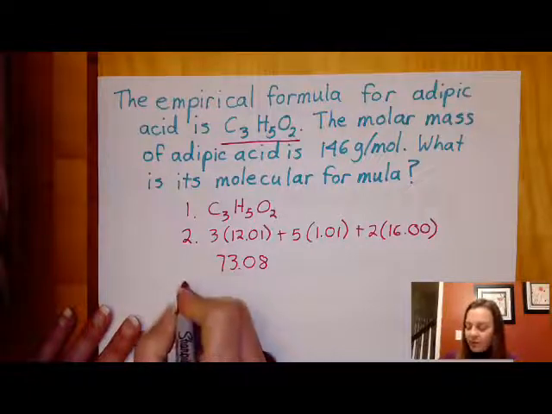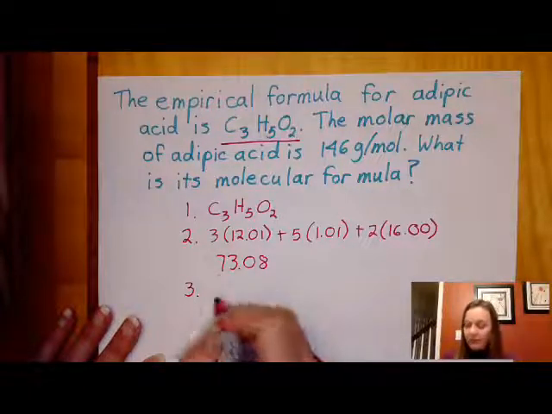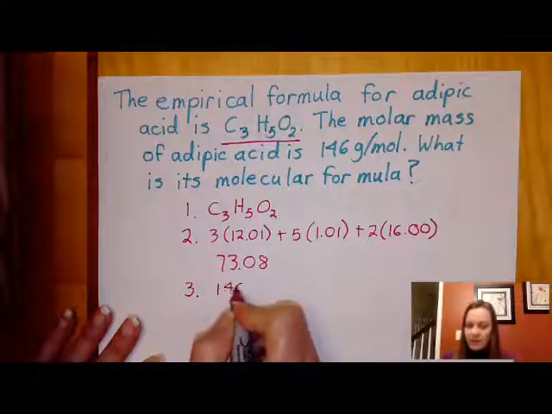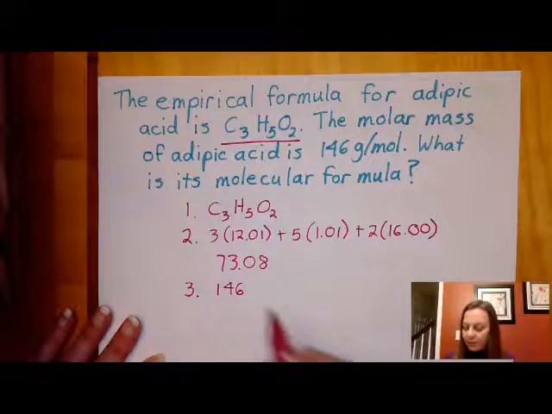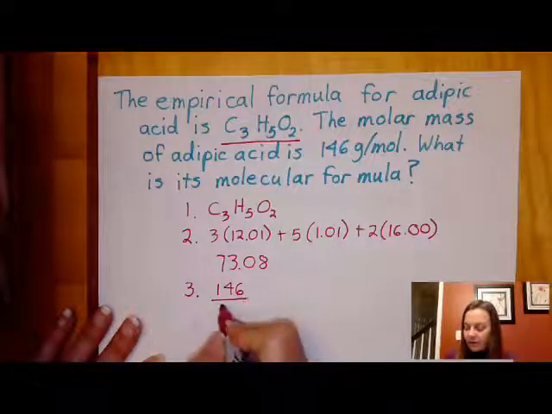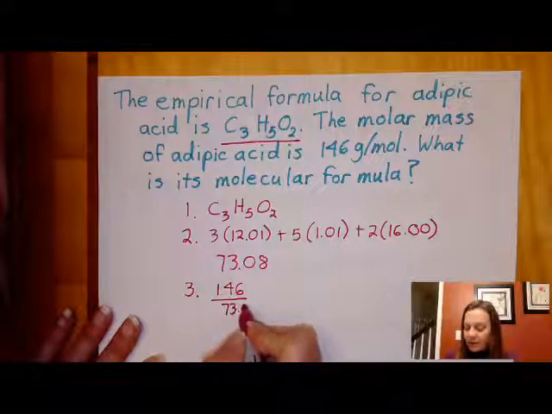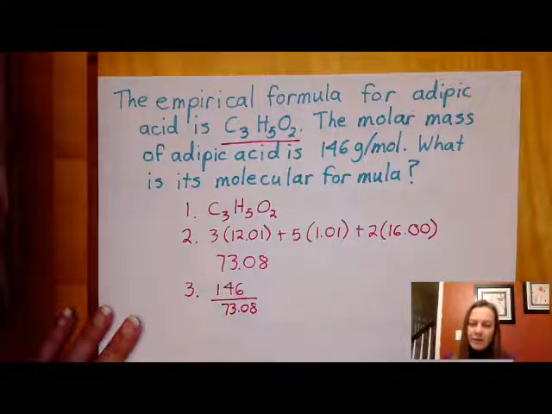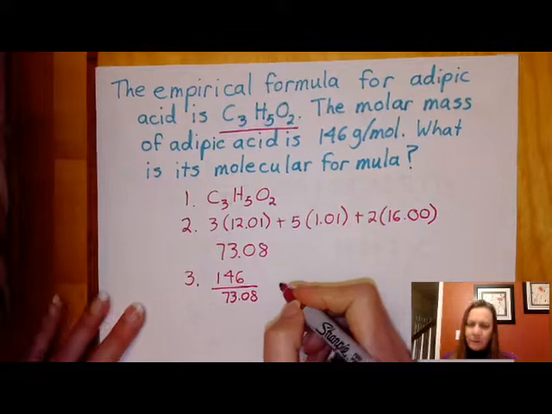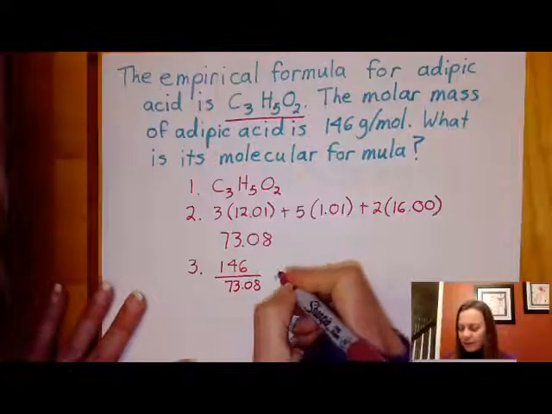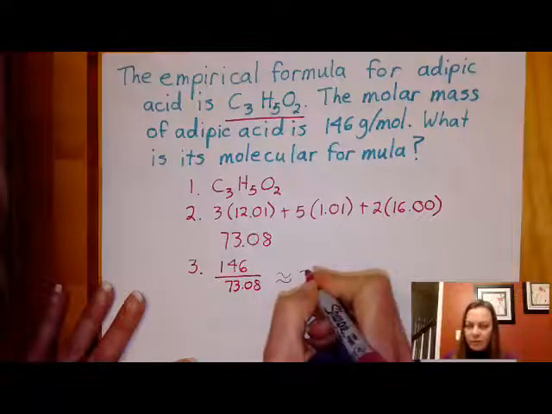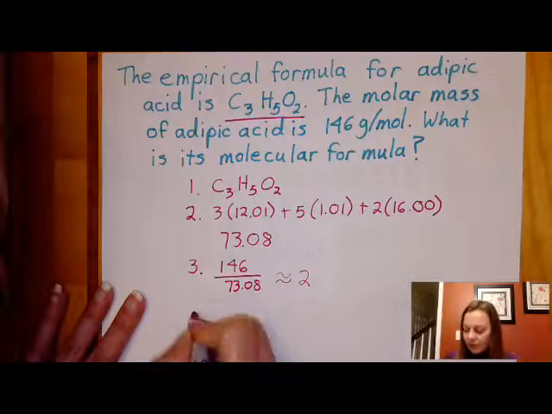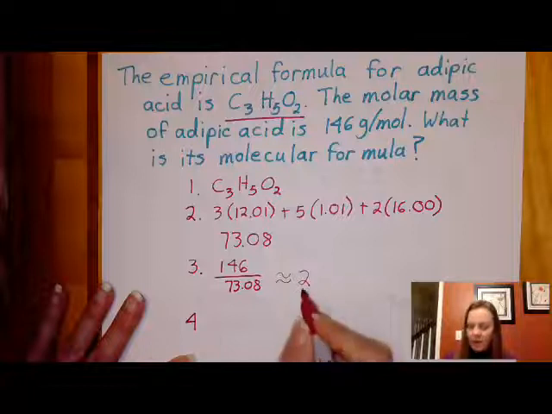Now step 3 is to divide the molar mass, which we were given, 146, by the empirical mass, which we just found, which is 73.08. And that's going to give us a number that is slightly less than 2, but this should always give us an integer, so we're going to say, well, that's about 2. And now we're going to multiply the subscripts by that integer.